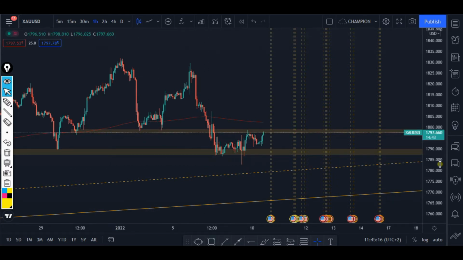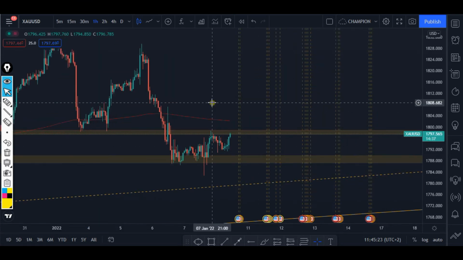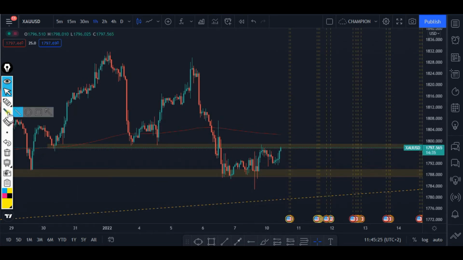This market is giving us a nice trend, nice structure for us to understand the price action. So you can see that this is the previous support.